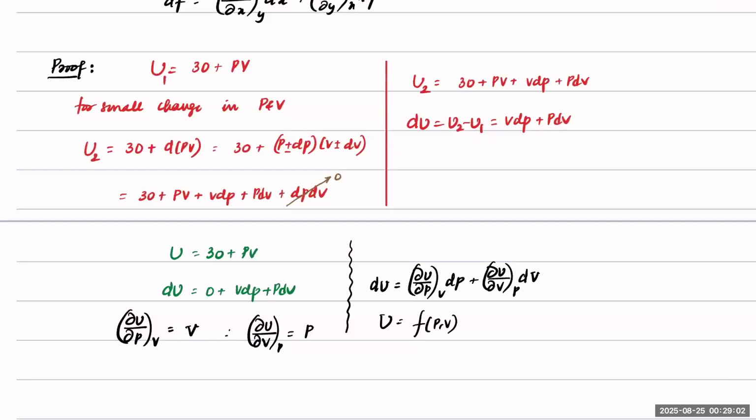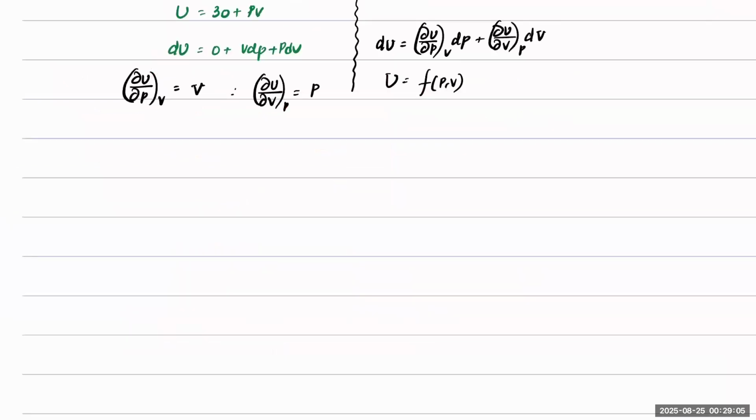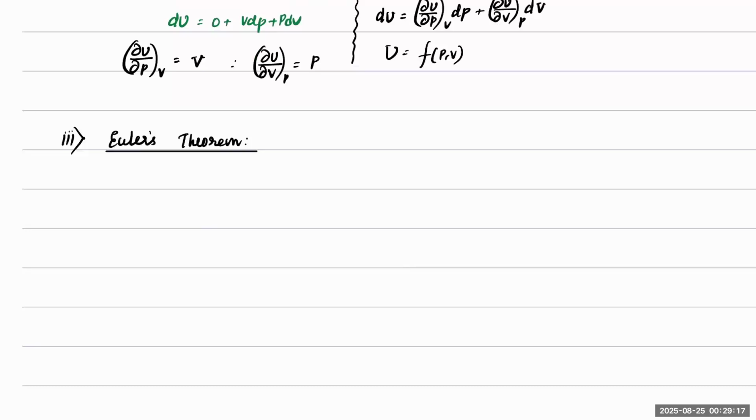Now I told you there is another way of looking into state functions. What is that? Euler's theorem or Euler's formula. In calculus, you'll be using this a lot. In maths, you'll be using it quite a lot. Okay.